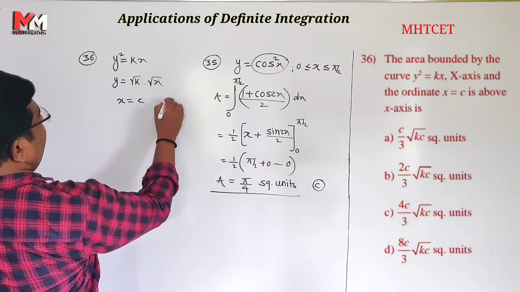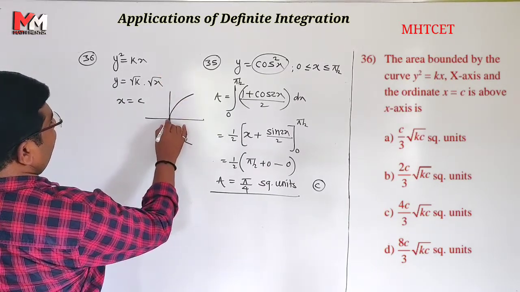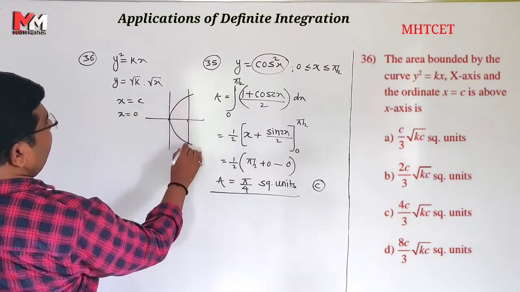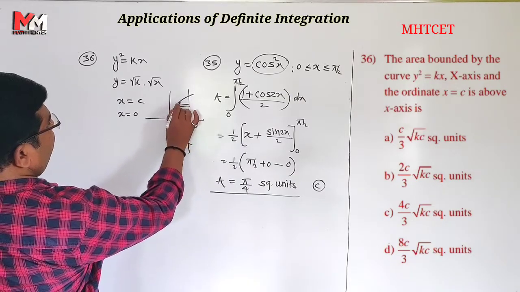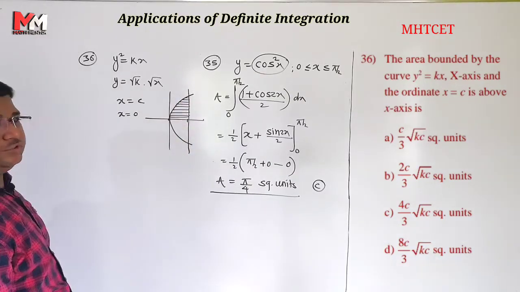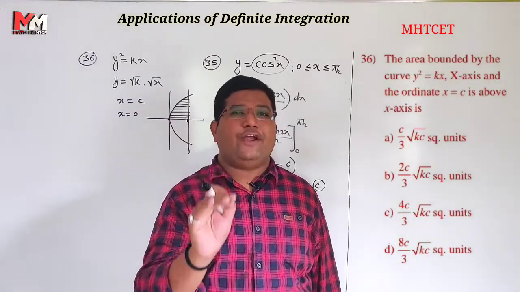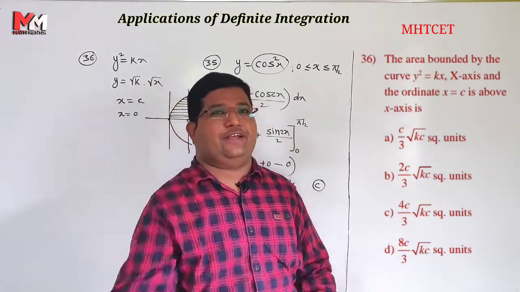So this is the parabola, with vertex at the origin, so the lower limit is 0, and x is equal to c is this line. We have to find the area in only the first quadrant above the x axis. So we do not have to take twice, because he clearly mentioned to find the area above the x axis, only the first quadrant area.